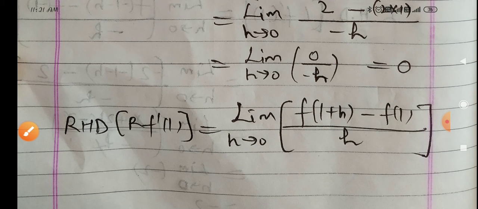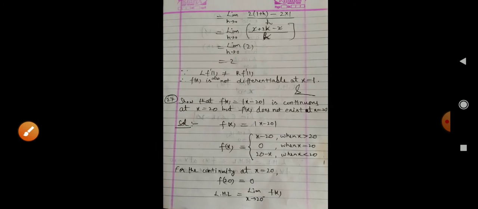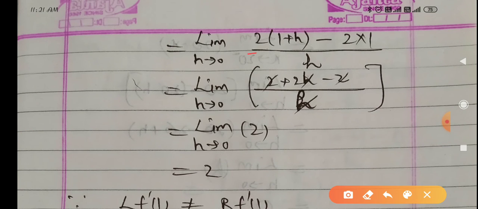Now calculate the right hand derivative. RSD is the limit as h tends to 0 of [f(1 + h) - f(1)] upon h. So you can put in the function value for x greater than 1, which is 2x.